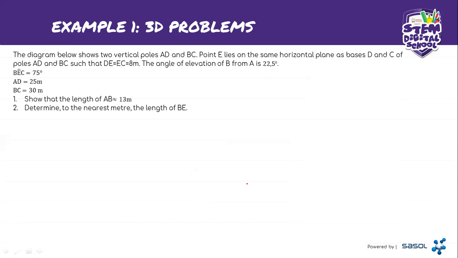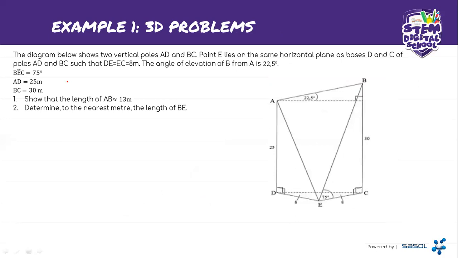Example 1, on to the problem. And then let's see what we're having and how do we answer the questions. The diagram below shows the two vertical poles, AD and BC.